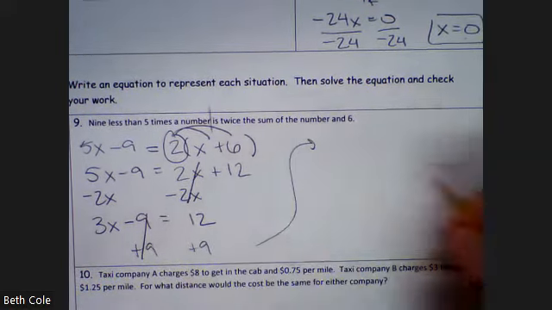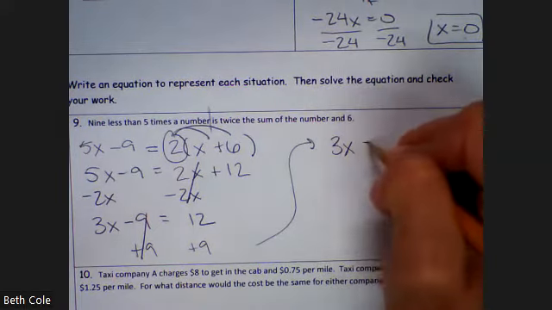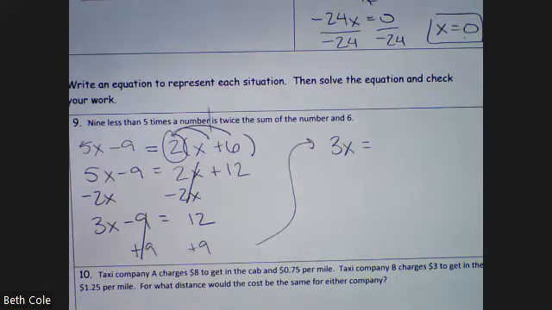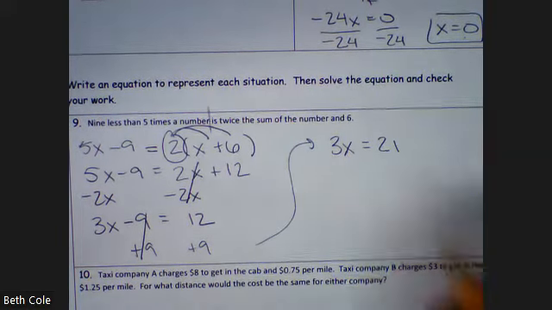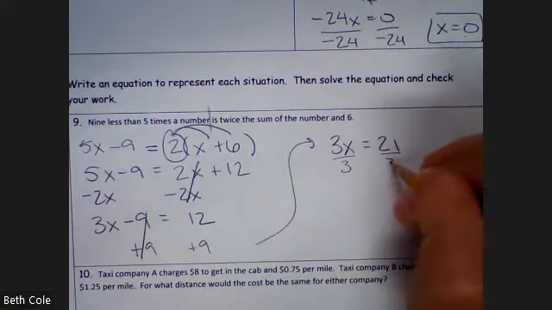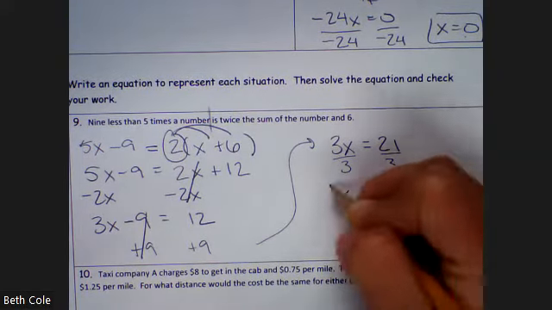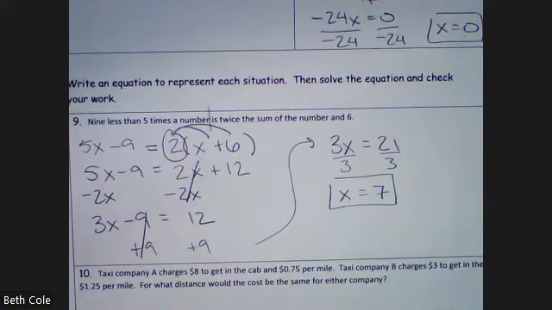Plus 9. So that'll give us 3x equals 21. 12 plus 9, 21. Sure, I did that right in my head. All right, and then last divide by 3, x equals 7. These are all coming out to whole numbers, but if you got a decimal, does that matter? No, every once in a while that happens and you just go with it, okay?